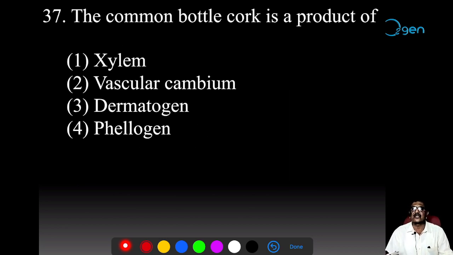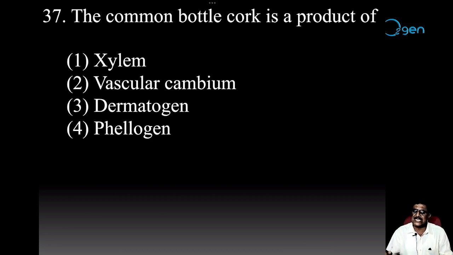Next question. The common bottle cork is the product of. In an earlier question, I told you the cork is a phellem, which is produced from the cork cambium in the secondary growth.